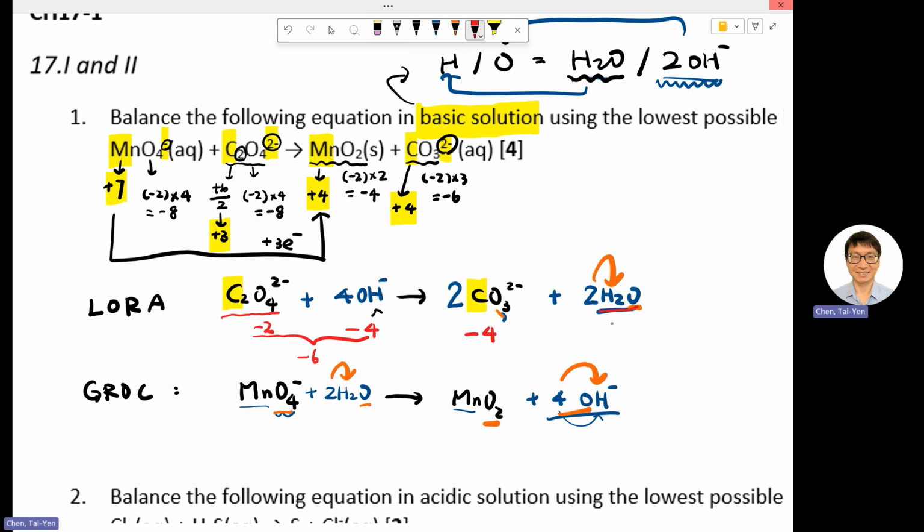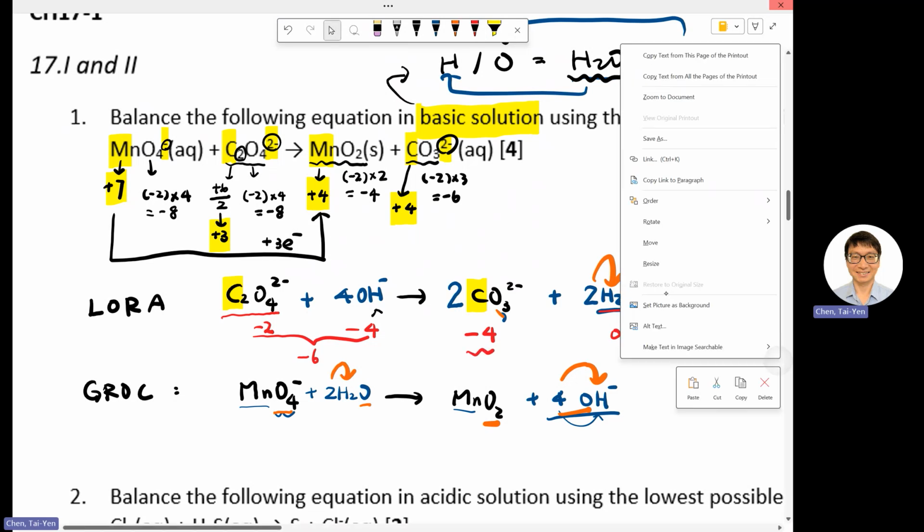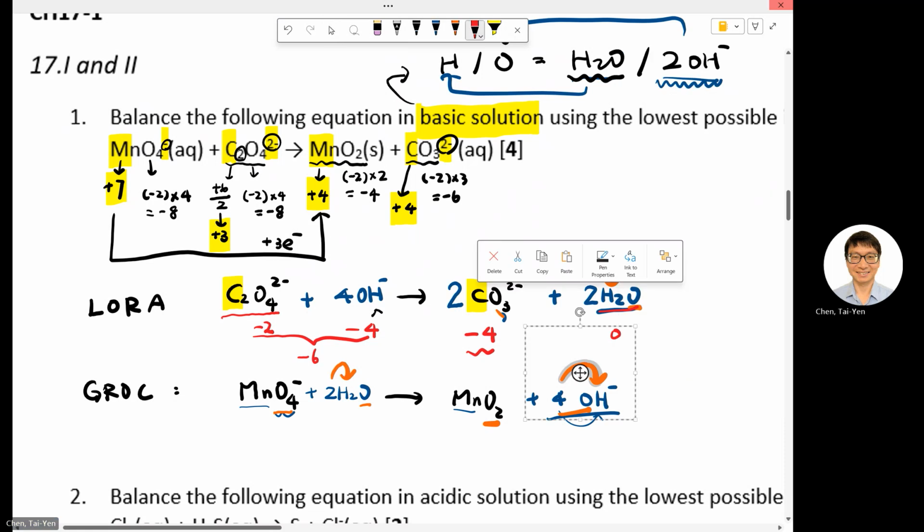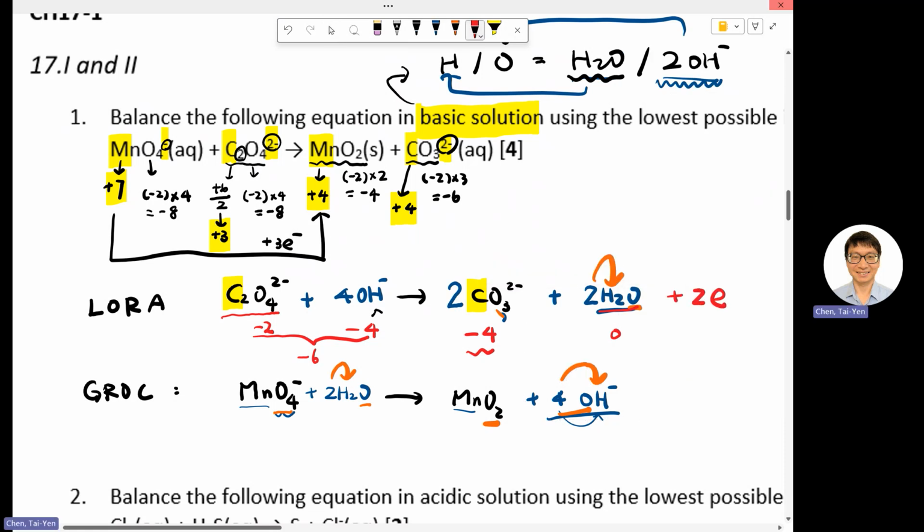Here, this is neutral, so this is actually 0. So, therefore, we know on the left-hand side of your LoRa, you have -6. On the right-hand side, you only have -4. Therefore, what we do is we're going to add in 2 electrons, so we can balance out the charges.